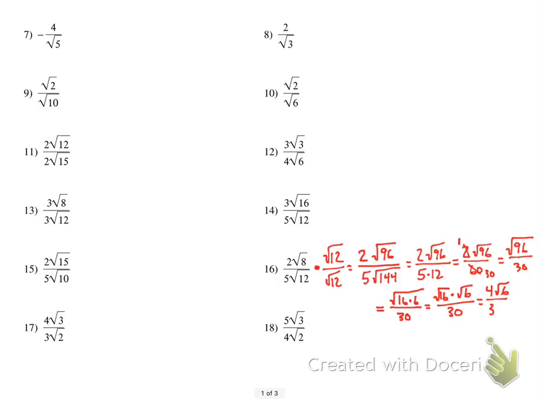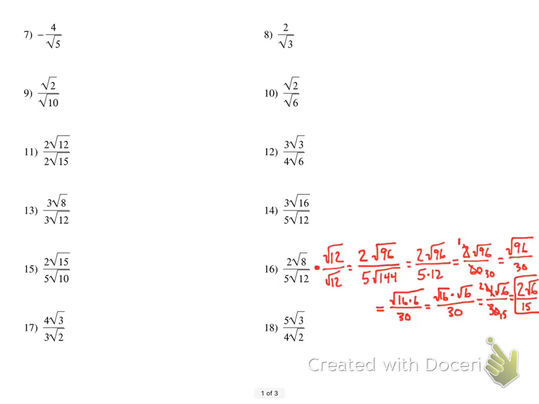And the last thing we can do right here, 4 and 30, is there any common factor? 2. We can divide both of these by 2, which will give me a 2 right there and 15. So my final answer, I'll try and squeeze this in, not making it too small, is 2 square root of 6 all over 15.